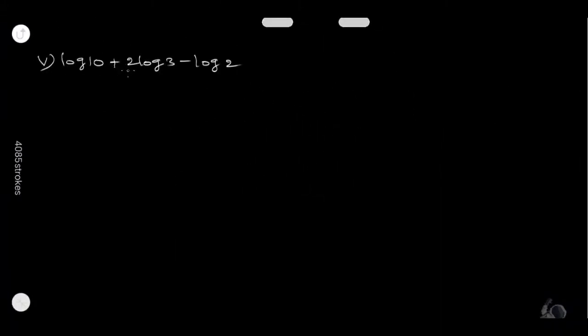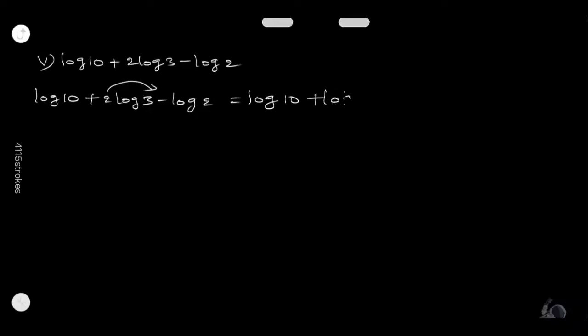Okay, next fifth problem, log 10 plus 2 log 3 minus log 2. Write log 10 as it is, log 10 plus, so here before log 3, 2 is there, so 2 becomes 3 square.